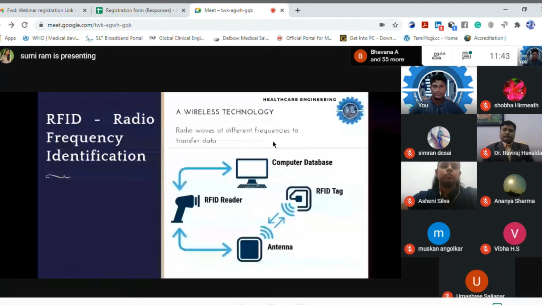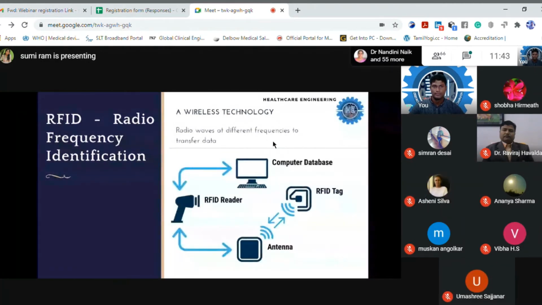This RFID tag is of two types: one is the active RFID tag and the other is the passive RFID tag. Active RFID tags are more accurate when compared to passive RFID tags. Therefore, active RFID tags are used in wheelchairs, patient beds, and other larger hospital properties for better tracking.